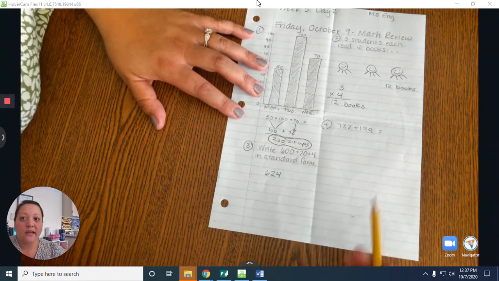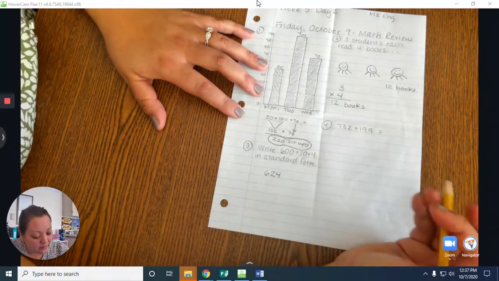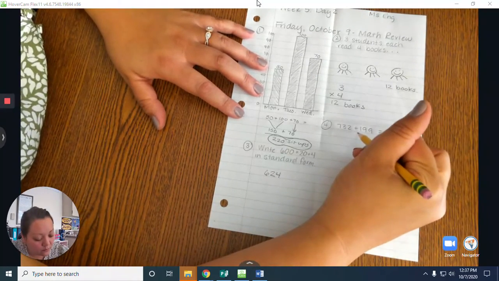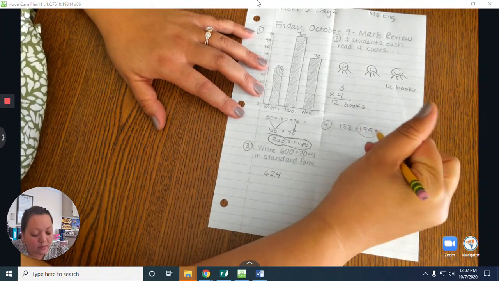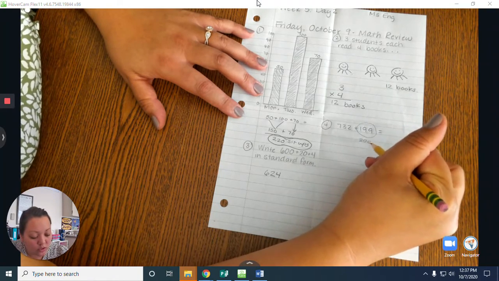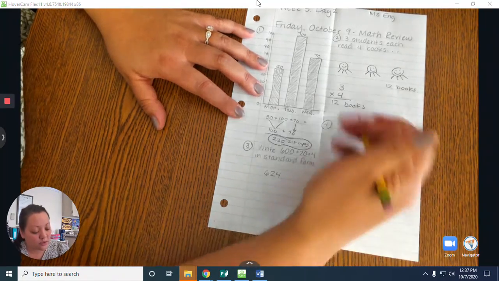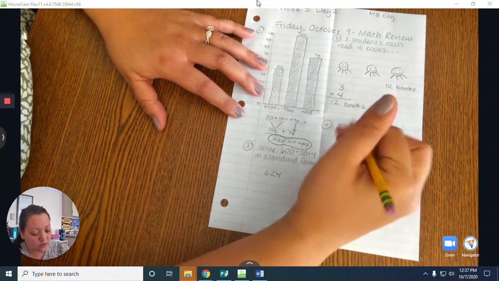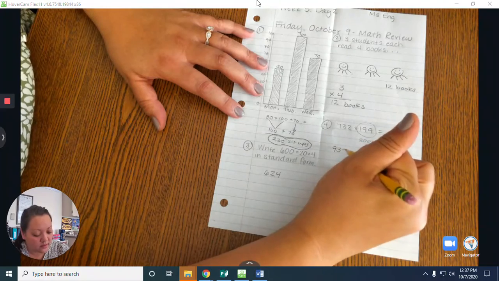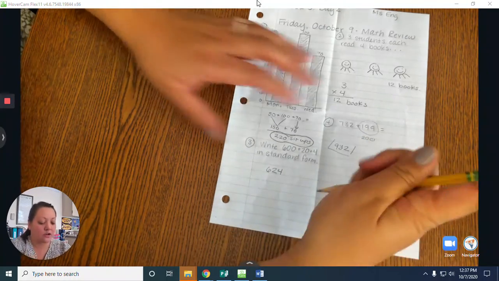And then finally, 732 plus 199. Okay, so I know, this is just kind of like my number sense, that this is basically almost 200. And 200 plus 732, well, that's easy. But is 932 the answer?